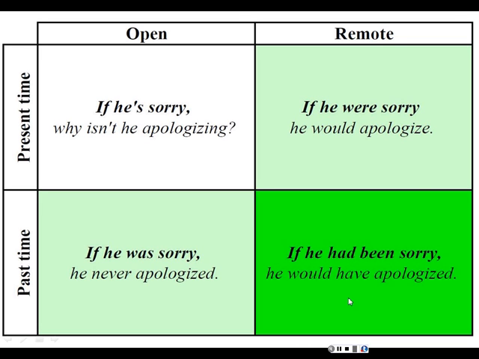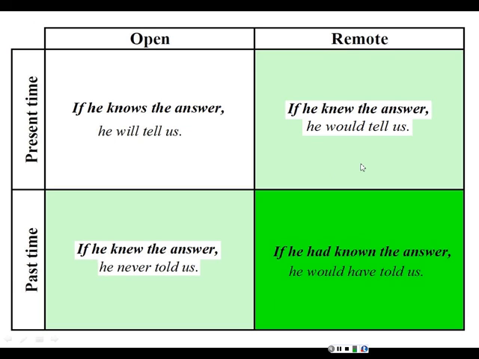Now, I said this did not cover all the kinds of conditionals you might have. For example, what if we start off in the past time remote? If he had known the answer, but then we want to say something that's true right now: if he had known the answer yesterday, then he would tell us right now. That's possible too.